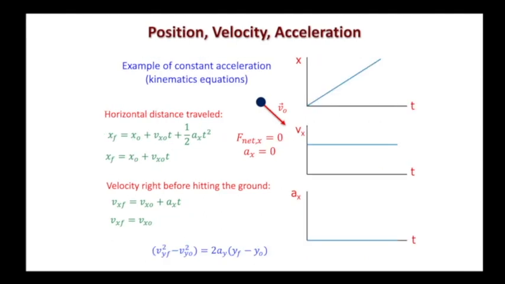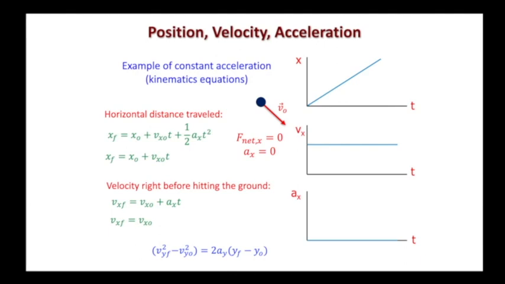So in the x direction, I already went through this. I didn't realize I had the slide, but 0 acceleration, constant velocity. And so our velocity versus time kinematics equation, this equation of a line, becomes very simple because a is 0. We just get v final equals v initial, because there's no acceleration, no change in velocity.